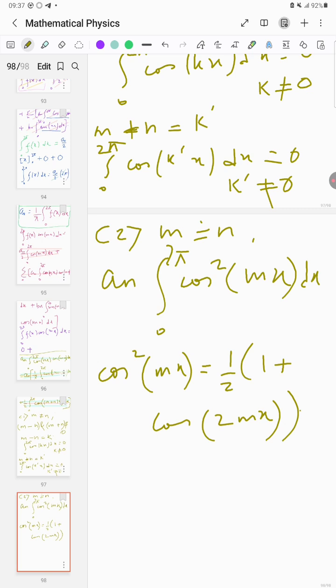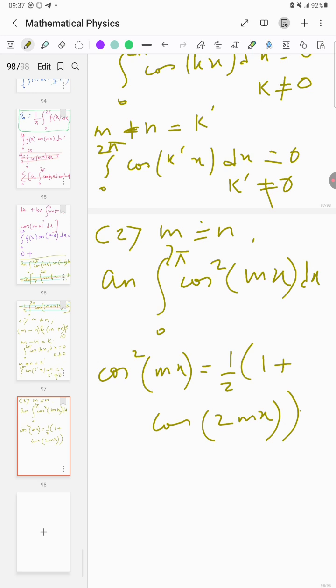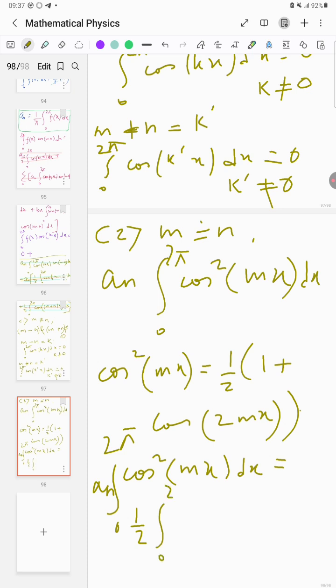So now moving into the next part. What we can say is that the integration from 0 to 2 pi, with an outside the integration because an is a constant, of cos square mx dx gives us half, integration 0 to 2 pi.